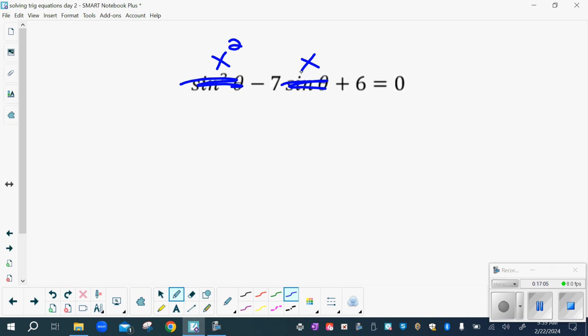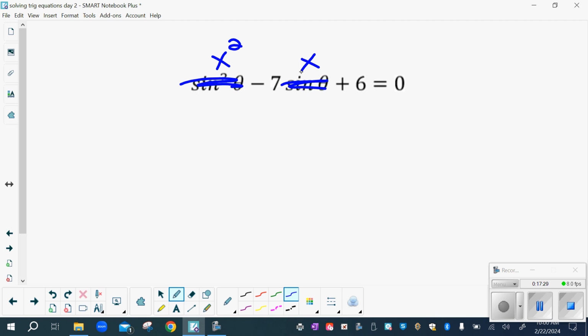Factors of 6, 2 numbers that multiply to 6 but make -7 when you add them up. Like -6, -1. There you go. Nice. Perfect. Once you see it, it's so easy.